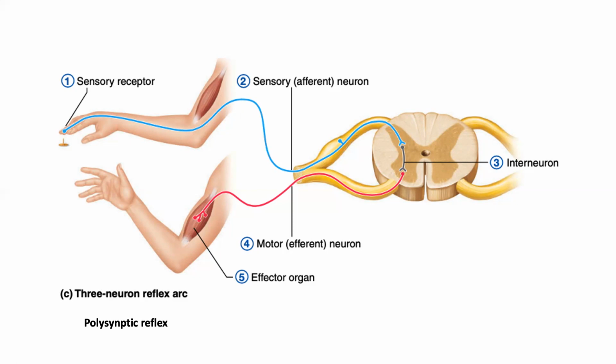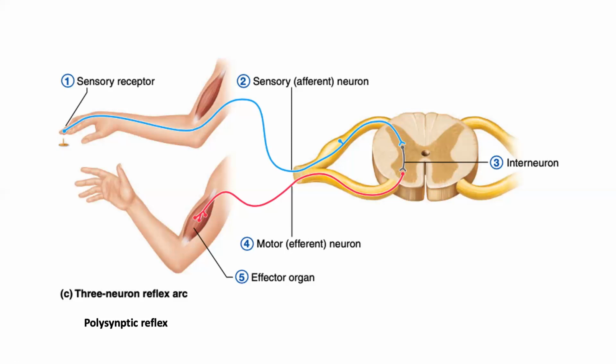Then in the integration center, we have an interneuron, and that interneuron will act on the anterior motor neuron, which leaves from the anterior horn cell along the ventral root and goes to act on the effector organ, which is the muscle. That will cause contraction of the muscle, which will produce flexion of the elbow, which will remove the finger from the noxious stimulus.